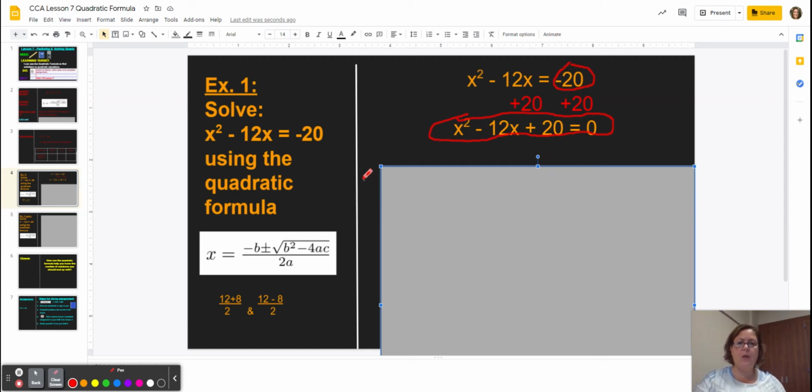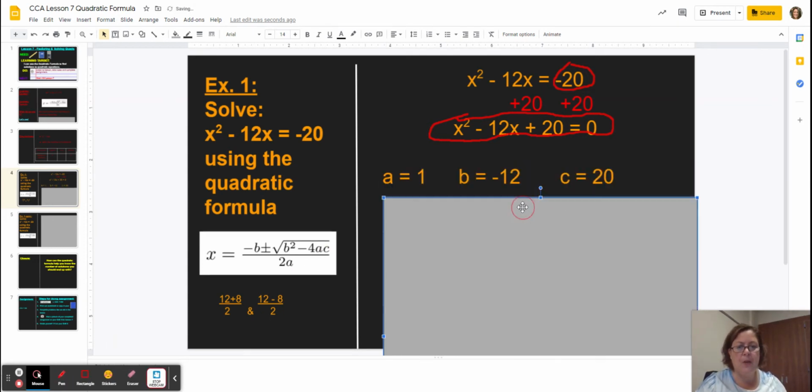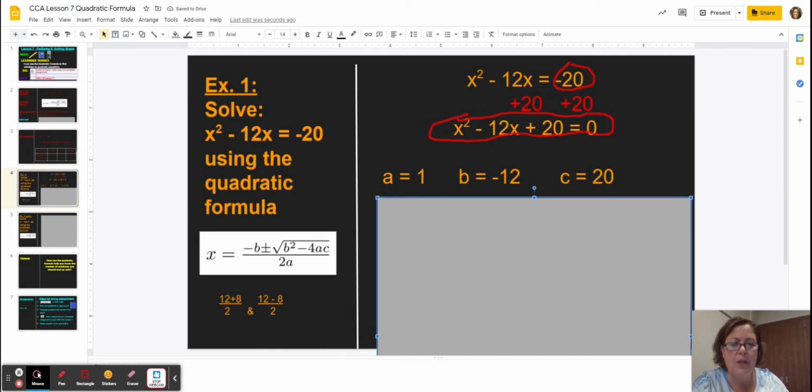Now we have everything that we need in order to use the quadratic formula. x equals opposite of b plus or minus the square root of b squared minus 4ac, all over 2a. All right, here we go. The first thing that I would highly suggest is that you identify and label what your a, your b, and your c are.